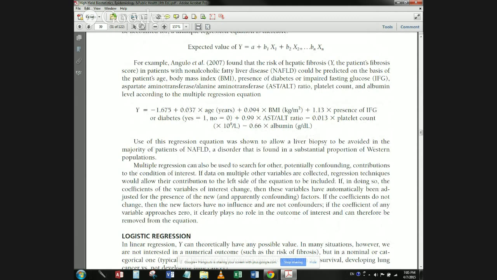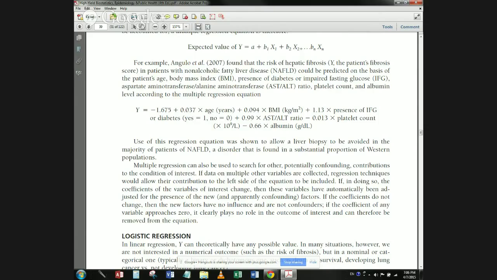Okay, y is equal to negative 1.675 plus 0.037 times age in years plus 0.094 times the BMI in kilograms per meter squared plus 1.13 times presence of IFG or diabetes, yes equaling 1 and no equaling 0, plus 0.99 times the ratio of AST over ALT minus 0.013 times platelet count times 10 to the ninth power per liter minus 0.66 times albumin in grams per deciliter.